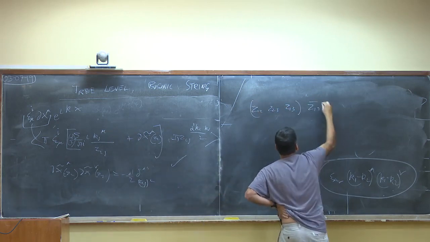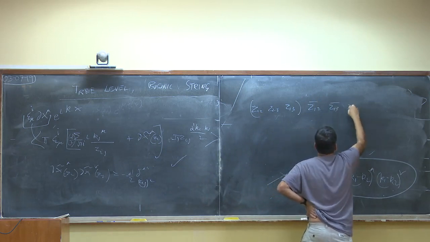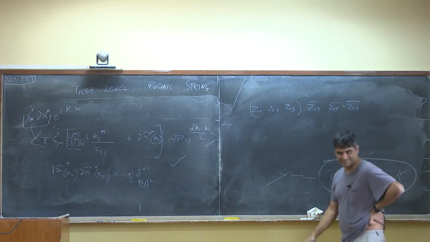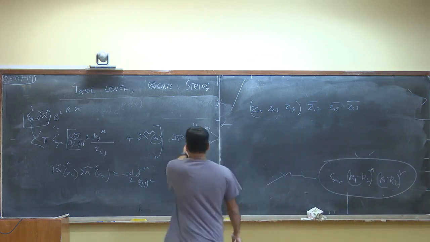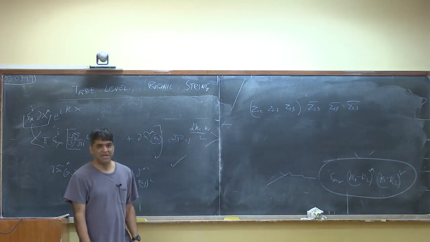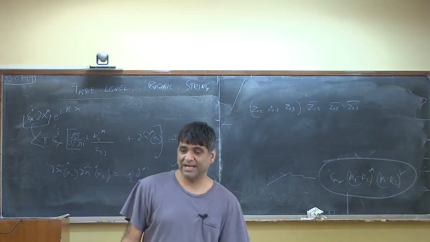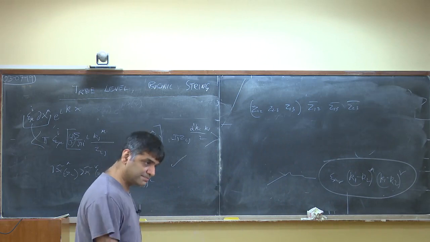Okay. Z12 bar, Z13 bar, Z23 bar, C and C bar. Now let's get these guys out of the way. 1 and 2 are the tachyons, and 3 is the graviton.